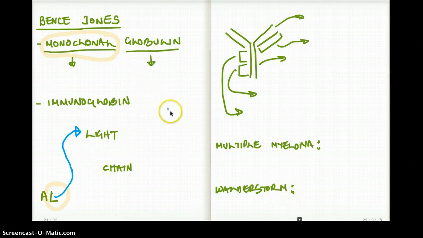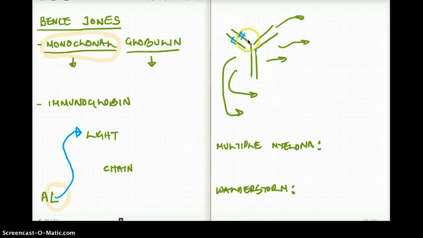Okay, so let's take a quick overview of the structure of an immunoglobulin. We have the heavy chain, the light chain, and then this is the antigen binding site, right? This region is the FAB.